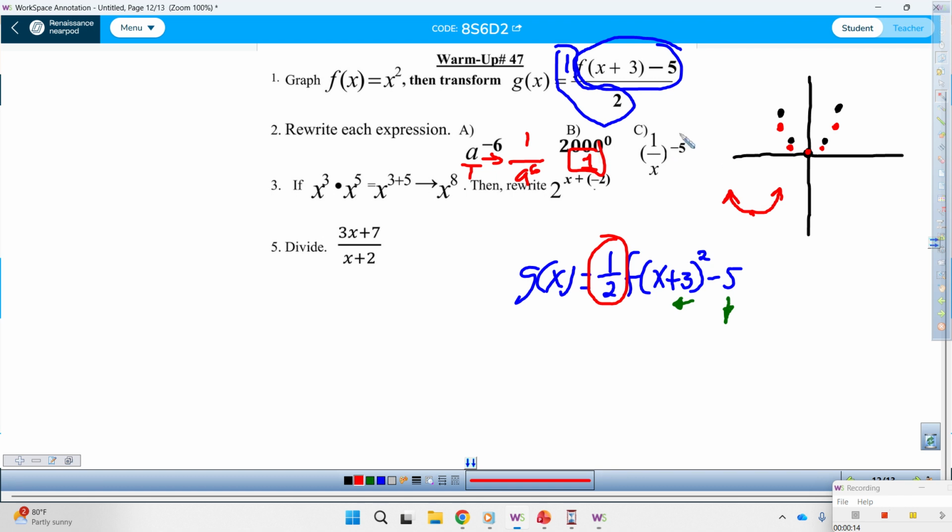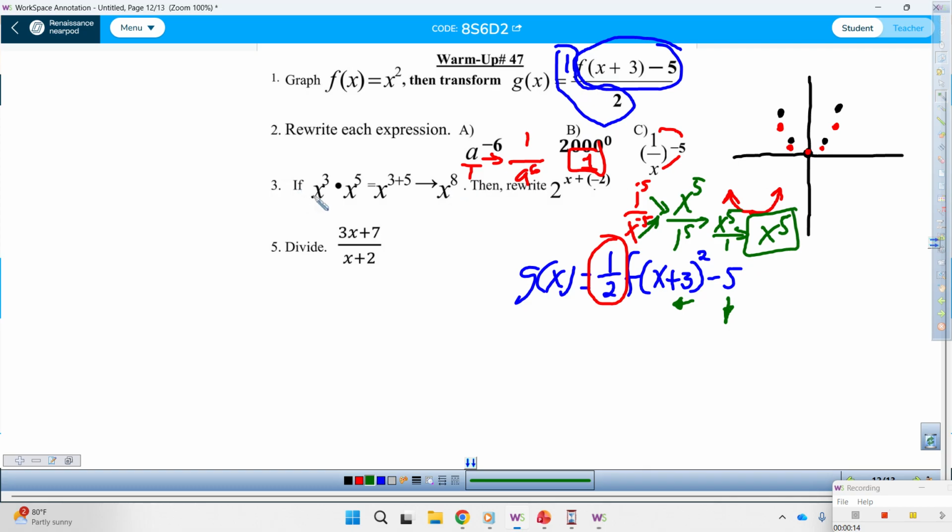Go to the C, distribute here and here, so we end up with 1 to the negative 5 over x to the negative 5. Can we have negative exponents? No, Mr. Q, so I send the 1 down here, change the 5 to a positive, and this one I send it up, so it's x to the 5th over 1 to the 5th is 1, so this is x to the 5th.